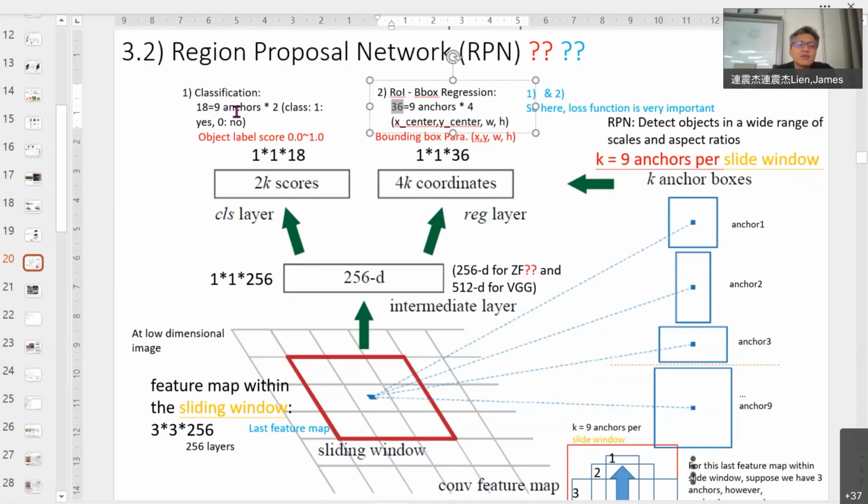The same 9 anchors are used for classification of foreground and background. Class 1 is foreground, class 0 is background. So this is the classification of each anchor, with 2 parameters times the number of anchors, for each grid.